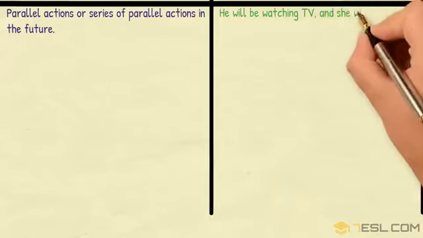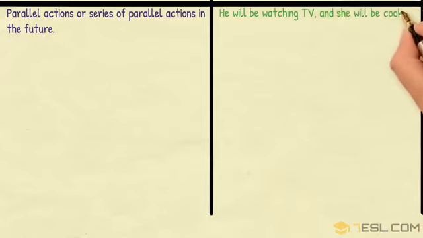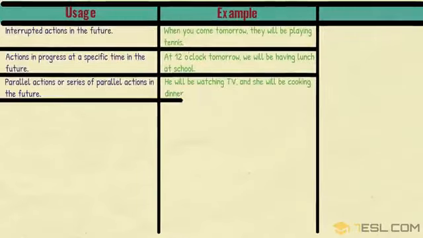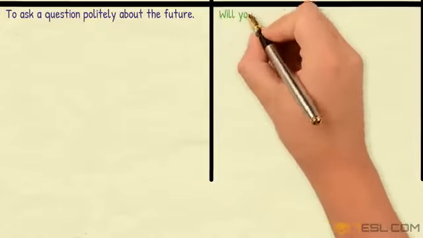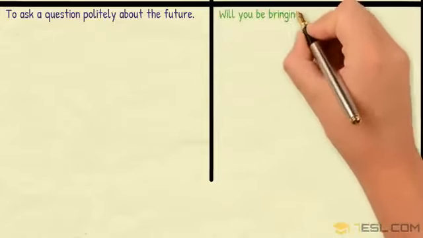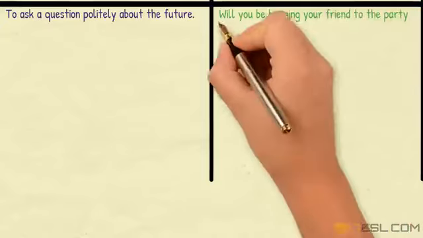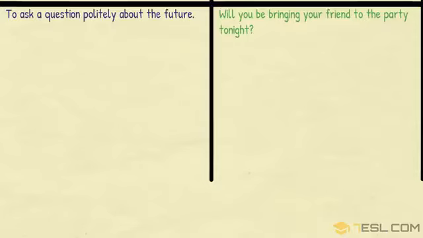He will be watching TV and she will be cooking dinner. To ask a question politely about the future. Will you be bringing your friend to the party tonight?